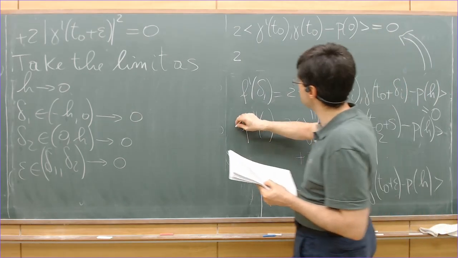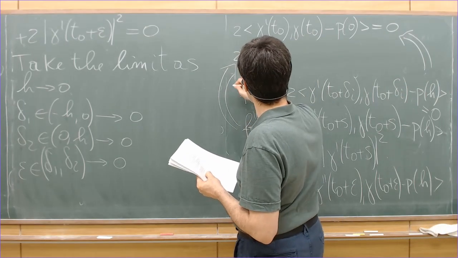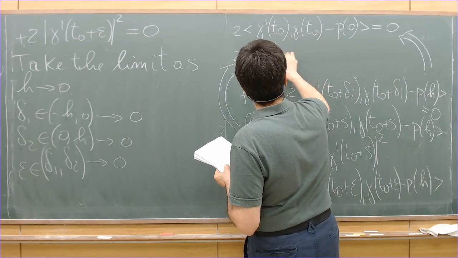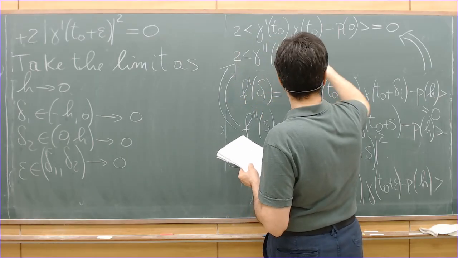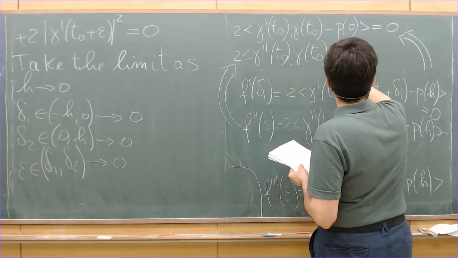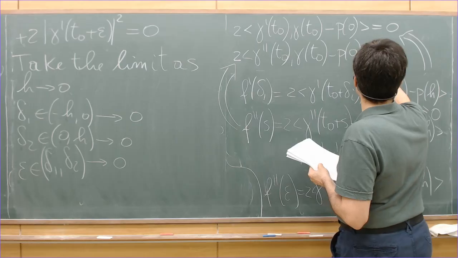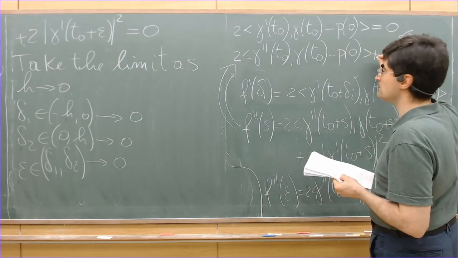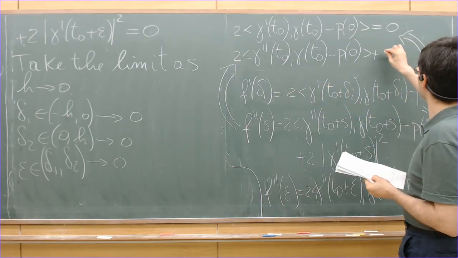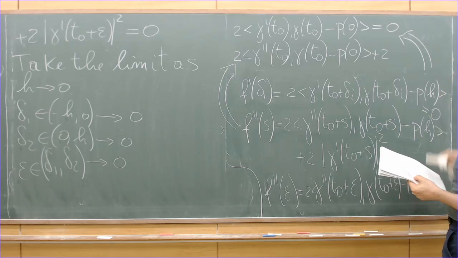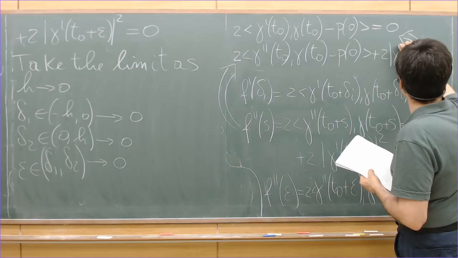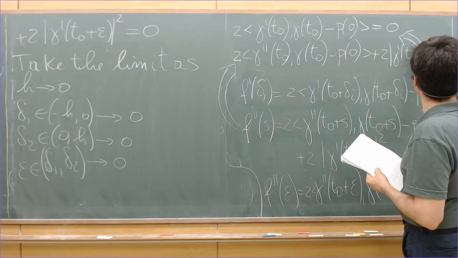And from here, we get 2 gamma second T0, gamma T0, minus P0, plus 2 gamma prime P0.